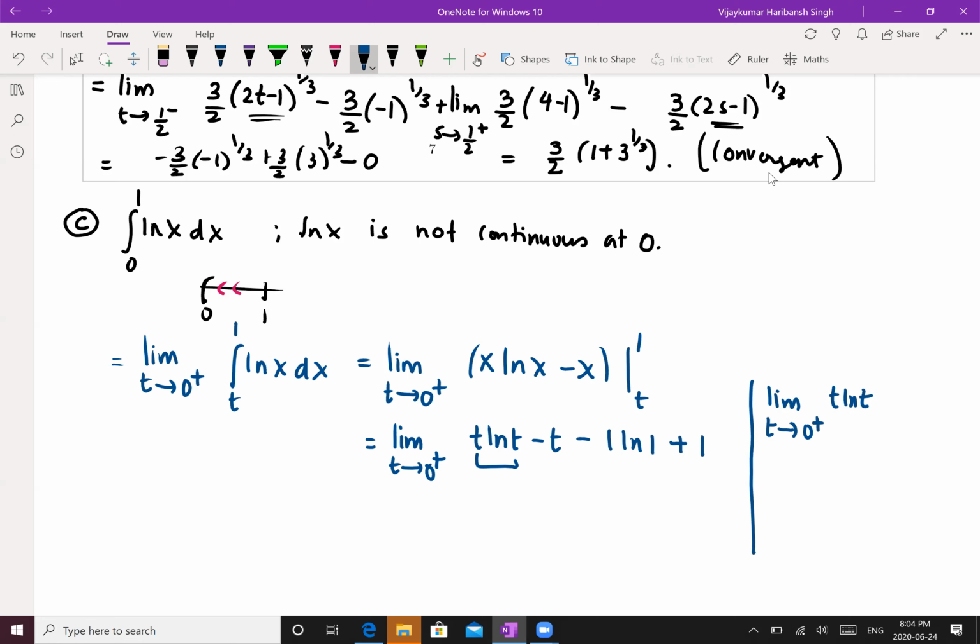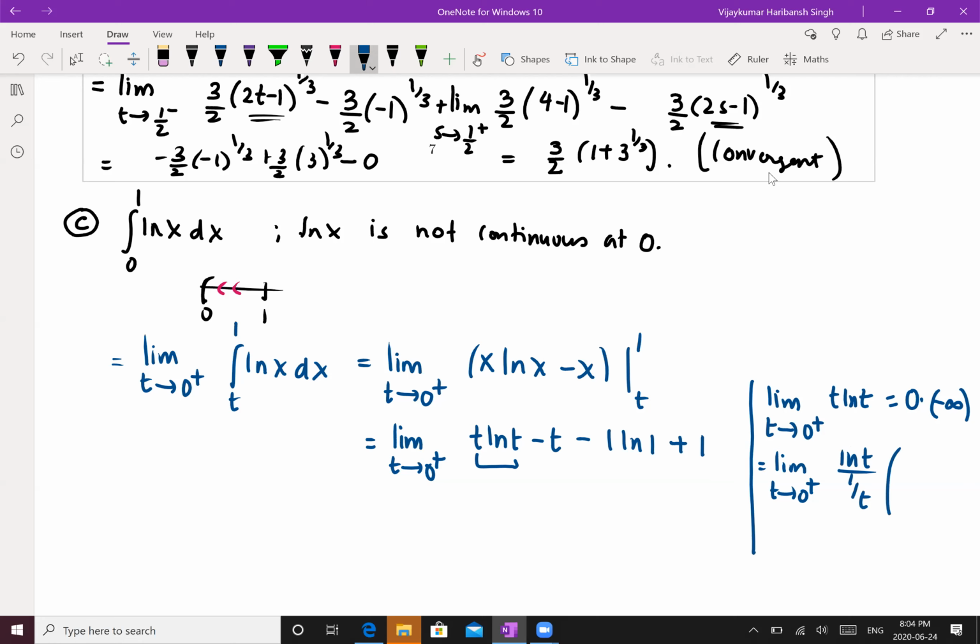We want to compute this limit. Note that this is of the form 0 times minus infinity, so you can apply L'Hopital's rule. Let's write it as ln t divided by 1 by t.